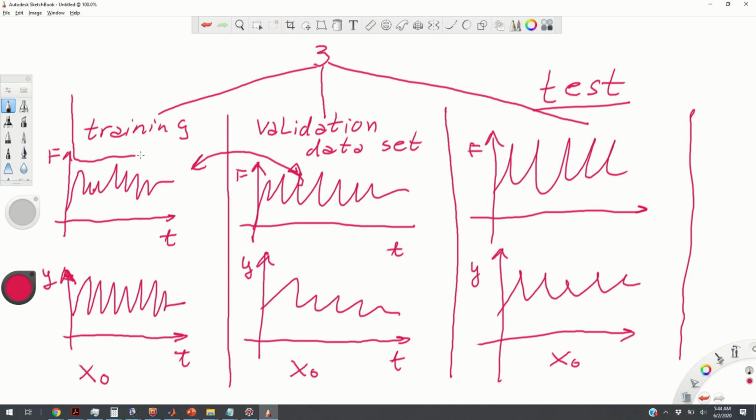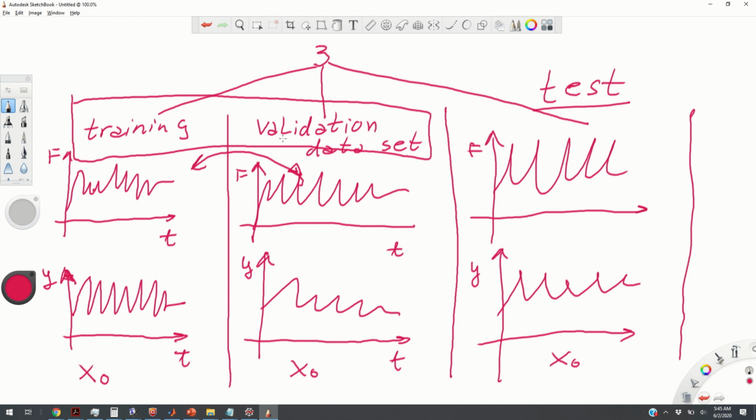These data sets will be used to choose the model parameters. The training data set will be used to learn the model parameters, the coefficients of our recurrent neural network. The validation data set will be used to select the best model, the model that gives the smallest validation error.